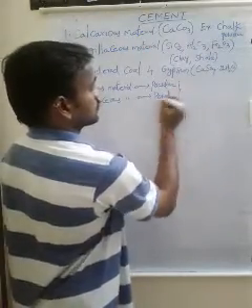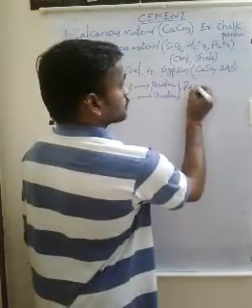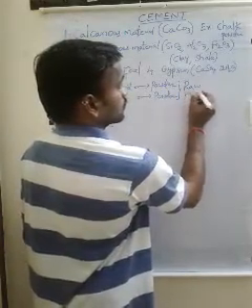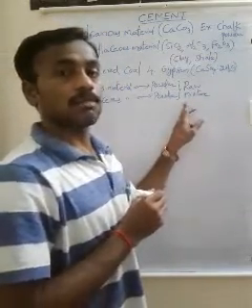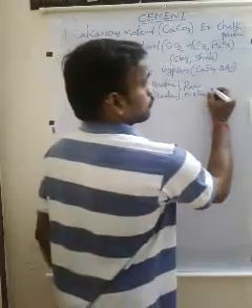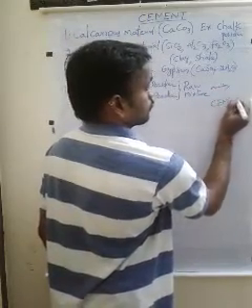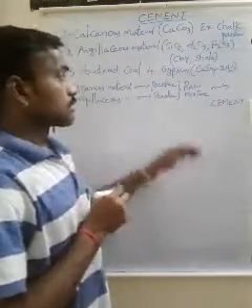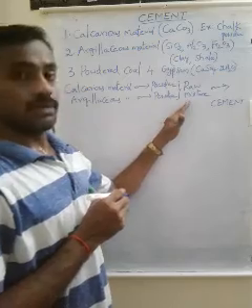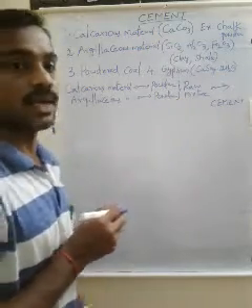These two powders mix with each other to form a raw mixture. Raw mixture on burning produces cement. Here, the burning of raw mixture is usually done in a rotary kiln.